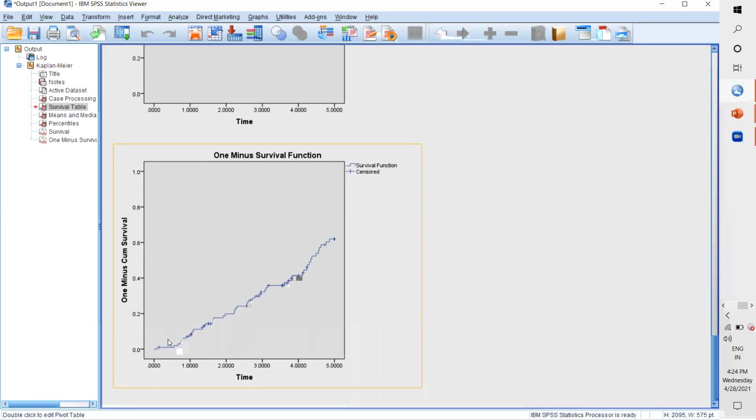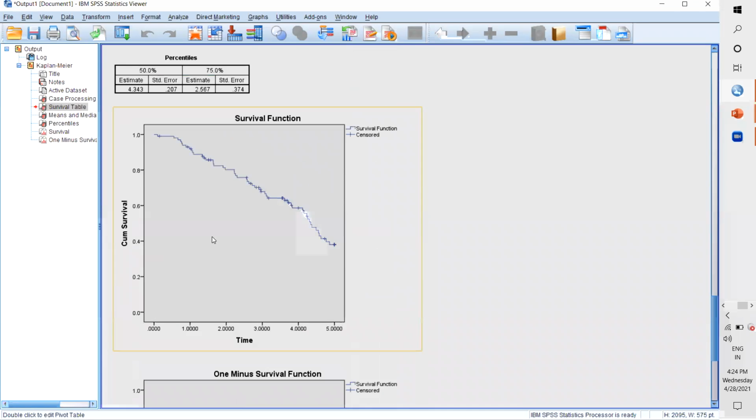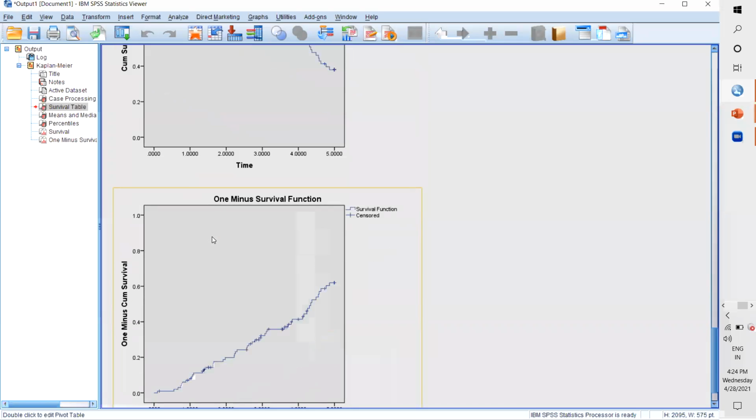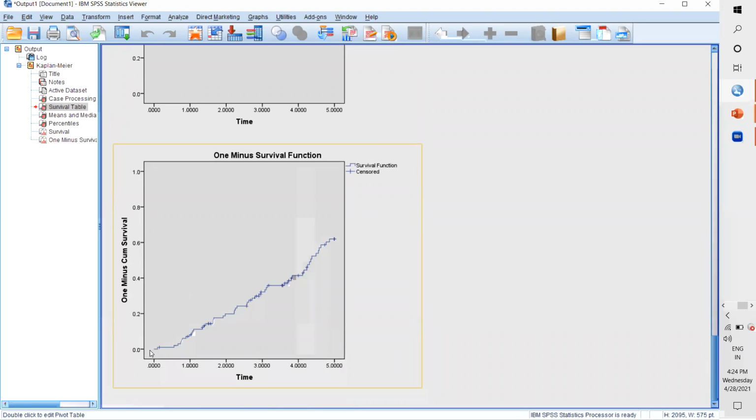This is the rate of incidence function. It is perfectly the reciprocal of this graph. If you turn this around and take a mirror image of that graph, it is this graph. It gives you the incidence, the occurrence of that specific event, throughout 5 years.